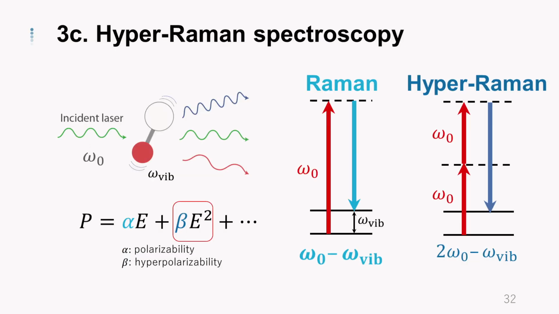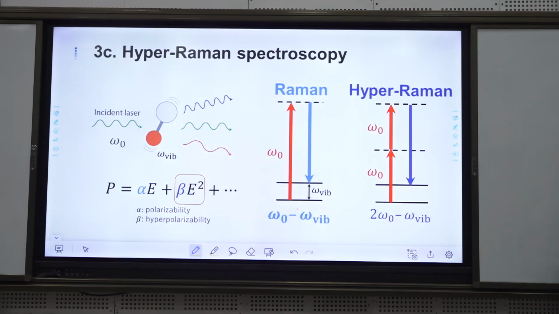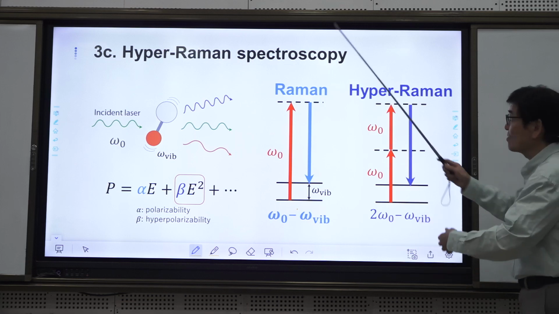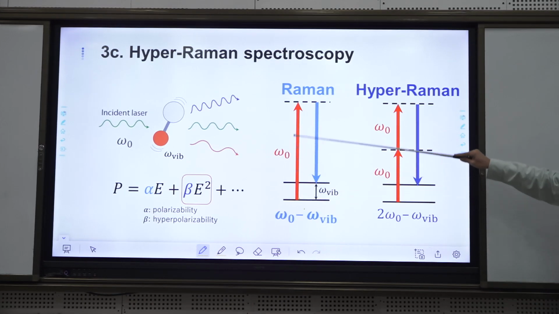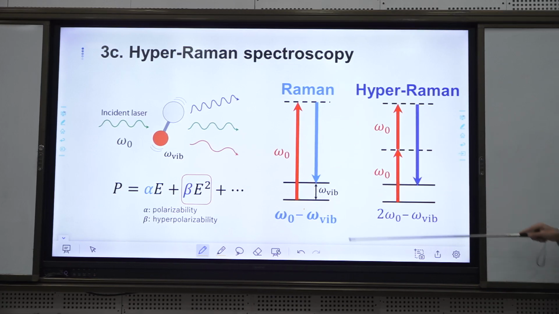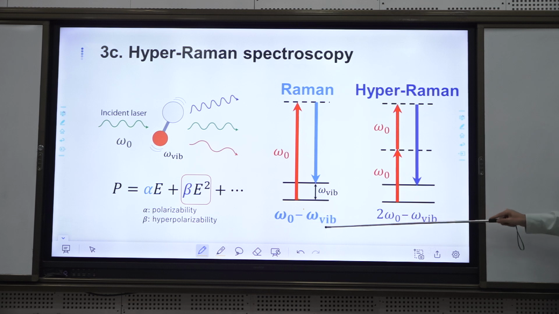Okay, hyper-Raman spectroscopy. Only 3 slides. So, sorry, I took 1.5 hours. Hyper-Raman spectroscopy is a different method from Raman spectroscopy, which I explained. Raman spectroscopy is a one-photon excited method, excitation and one-photon scattering, and the signal gives information on the molecular vibration.